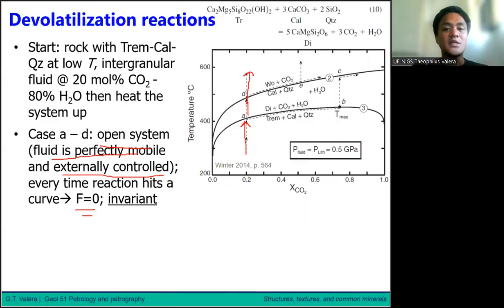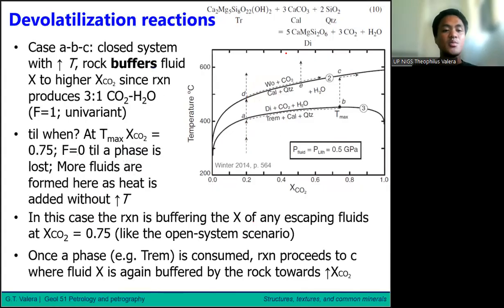Paano kapag closed system? Paano kapag wala kang external reservoir controlling yung ating interstitial phase composition? So if that's the case, what we have is a closed system. So sa closed system, as the reaction progresses, for example, yung kanina, A, upon hitting this point, the reaction, tremolite plus calcite plus quartz, produces carbon dioxide and water.